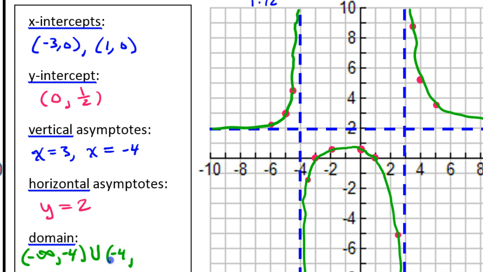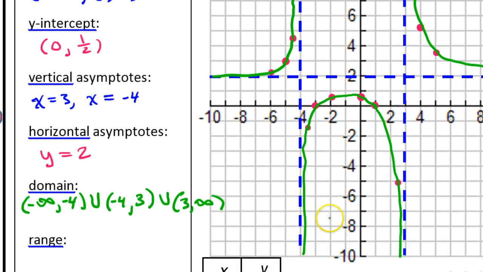By using round parentheses, we show that the -4 is not actually being included. And this little upside down U part goes from asymptote to asymptote, so that's -4 to 3. The rest of the number line is covered by this branch right here, which goes from 3 to infinity. So there's the domain.